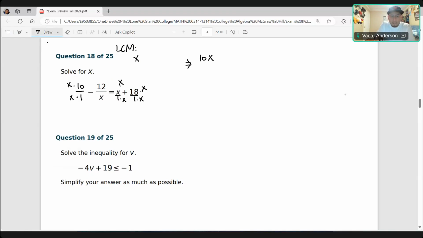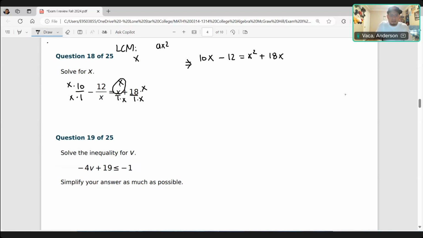Let me write it like so: 10x minus 12 is equal to, be careful here, x squared plus 18x. Quadratic equation skills engage because I recognize the x squared quantity. What does that mean? Standard form.